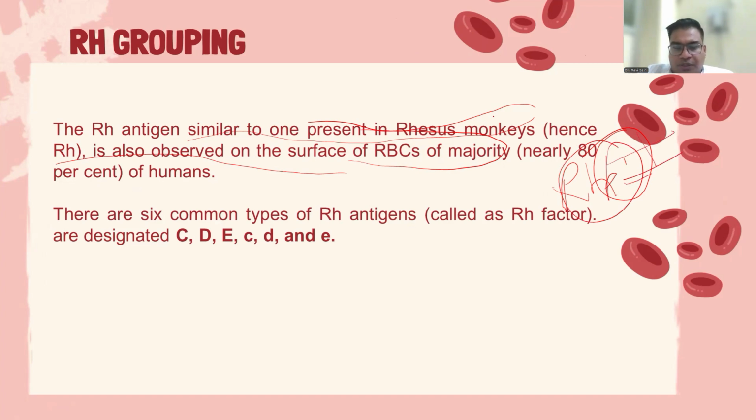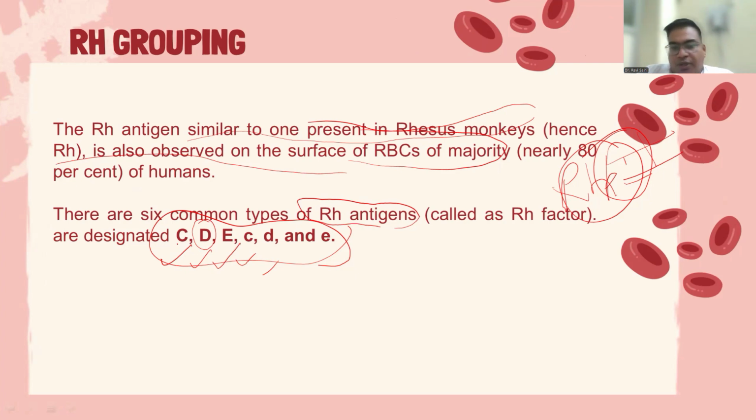The remaining percent could be put into the category of RH negative. Now come to the various types of RH antigens: C, D, E, c, and e. There could be some other antigens also, but the main antigen is antigen D.